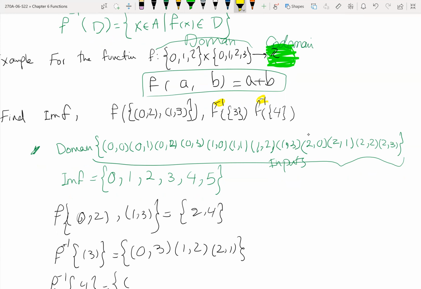But I'm asking about the first function. The first, you mean this one? Yes. When we put (0, 2), the outcome is going to be 2, right? When we put (1, 3), the outcome is going to be 4. But the function says the input has to be 2 and 4. What is the outcome?